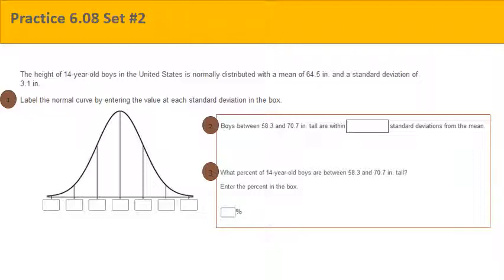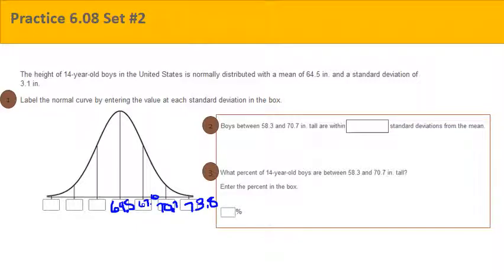So the height of 14-year-old boys in the United States is normally distributed with a mean of 64.5 and a standard deviation of 3.1. So we add 3.1 going up. That gives me 67.6, 70.7, and 73.8.